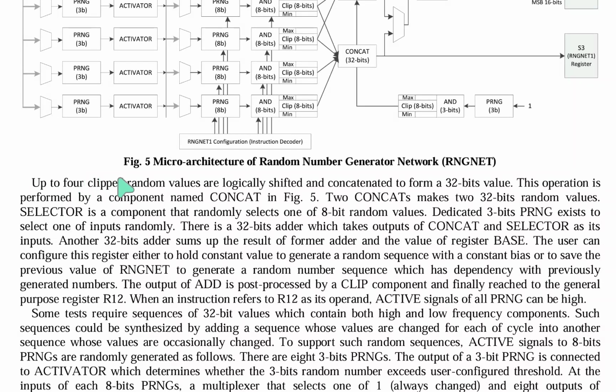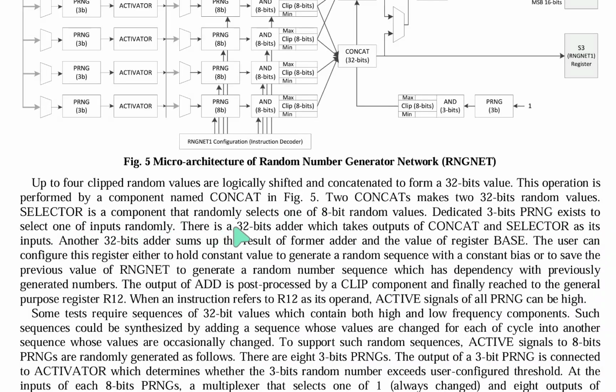After four clipped random values are logically shifted and concatenated to form 32-bit values, this operation is performed by a component named concat in figure 5. Two concats make two 32-bit random values. Selector is a component that randomly selects one of the 8-bit random values. The dedicated 3-bit PRNG is just to select one of the inputs randomly.